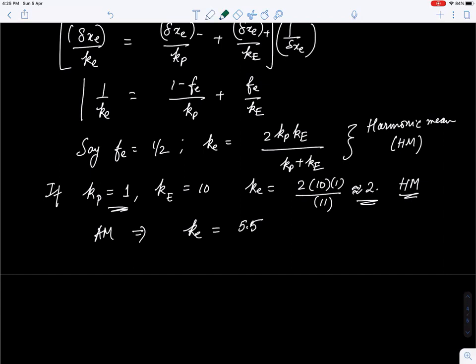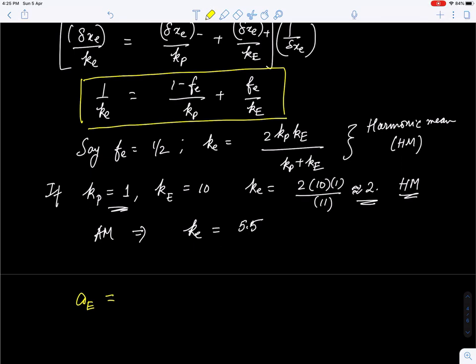If Ke is given by this equation, so let's say this is what our equation for Ke would be eventually, and this is what we end up using, then this generalized expression can be used to write the coefficient Ae in the discretization equation. Remember that Ae was Ke by delta Xe.